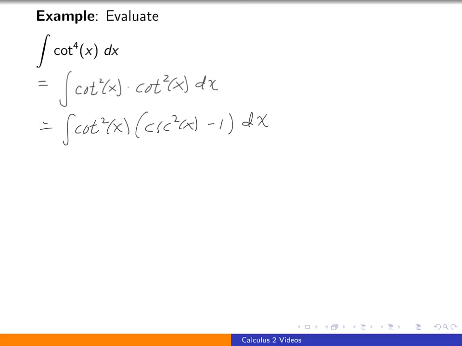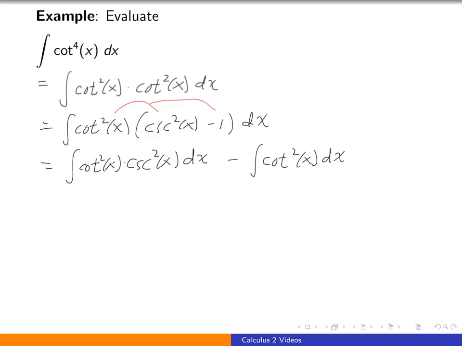And now that we've rewritten the cotangent squared, we are going to take our leftover power of cotangent and expand it through. So this becomes the integral of cotangent squared times cosecant squared. I'm going to break it up into two integrals, minus the integral of cotangent squared.